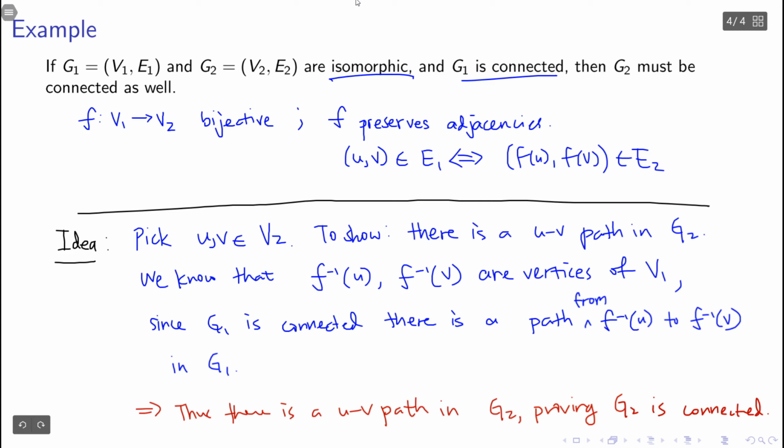All right, so fill in that last step yourself. Using this path in G1 between the pre-images of U and V under that bijection F, can you use that to get a UV path in G2, which proves the result?